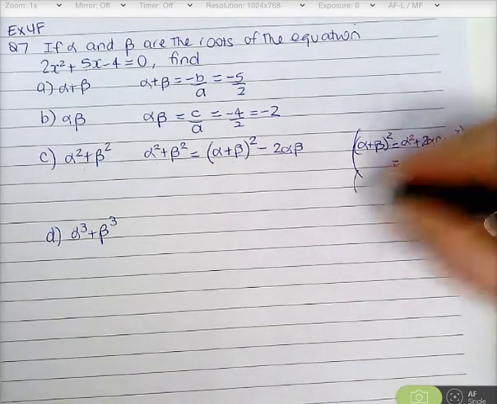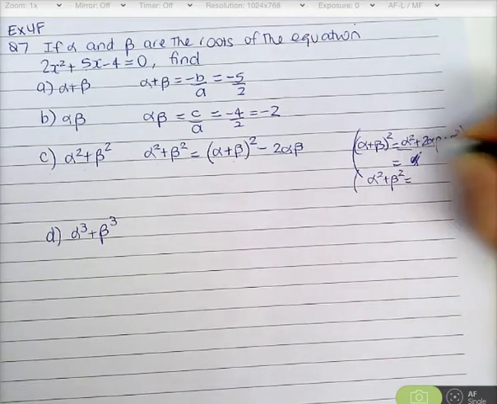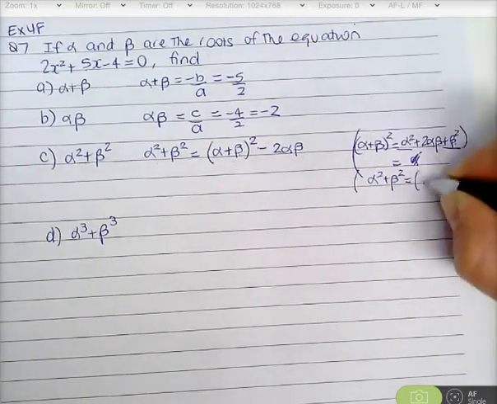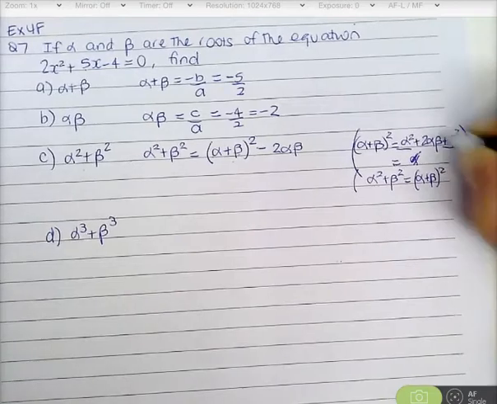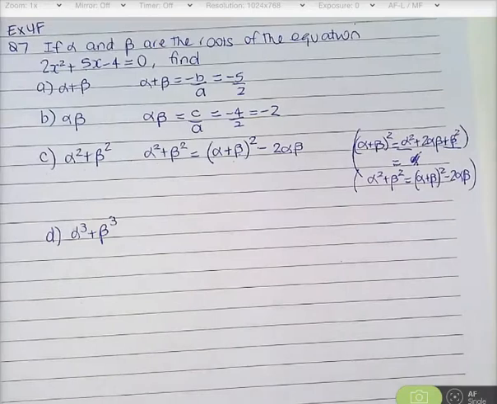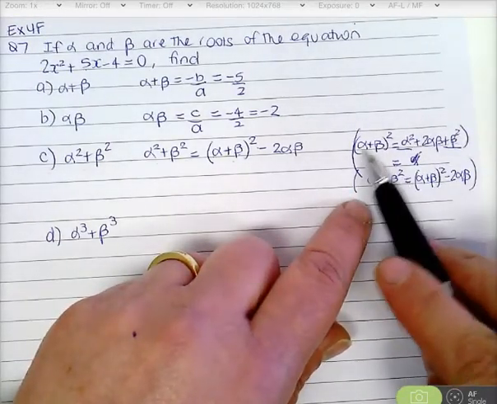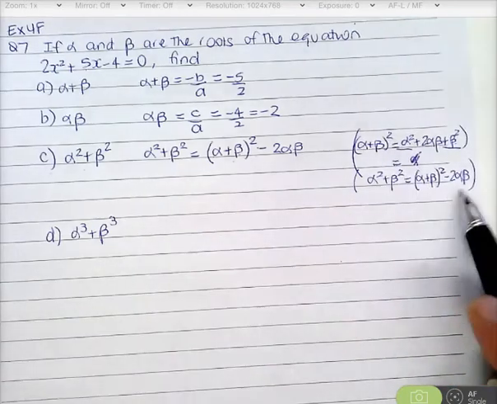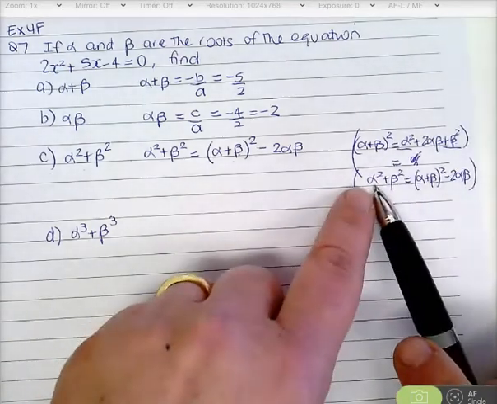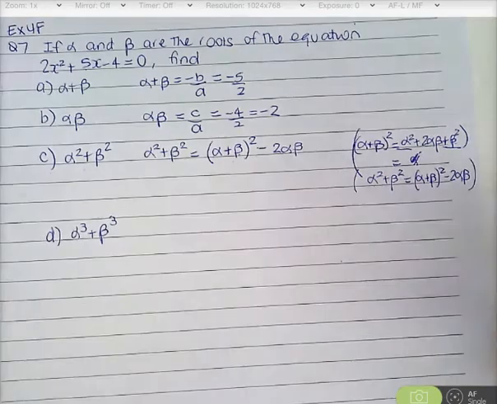So just looking at that, the alpha squared plus beta squared bit, which is just those two bits, is actually (alpha plus beta) squared if I take this 2 alpha beta over to the left. Okay, I get alpha squared plus beta squared is (alpha plus beta) all squared minus 2 alpha beta. So therefore, alpha squared plus beta squared is (alpha plus beta) squared minus 2 alpha beta.